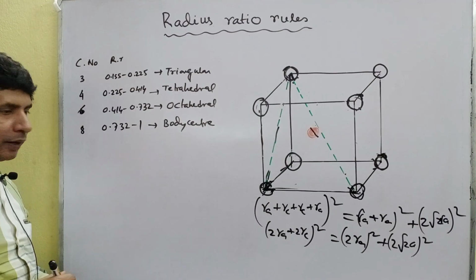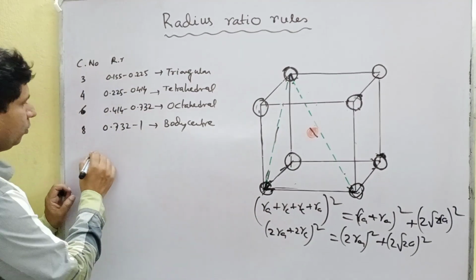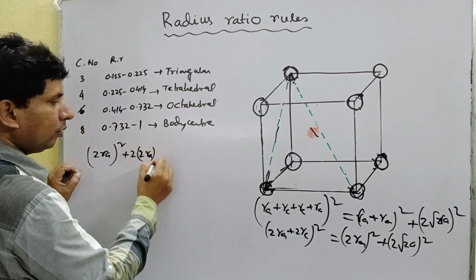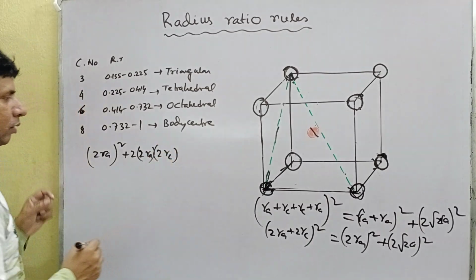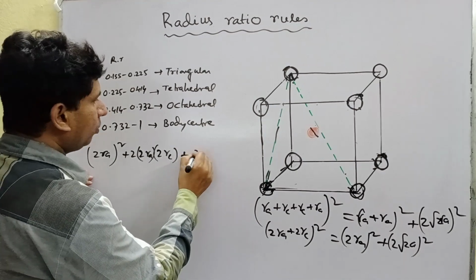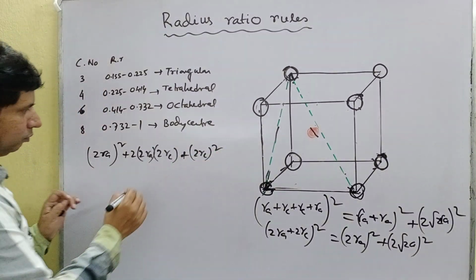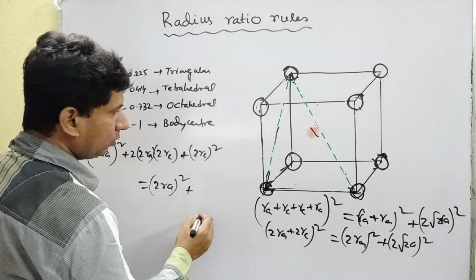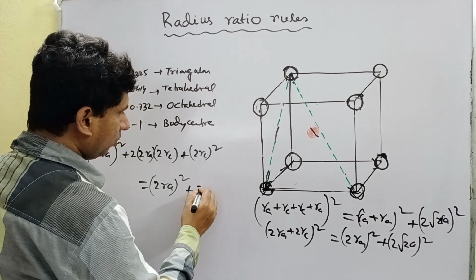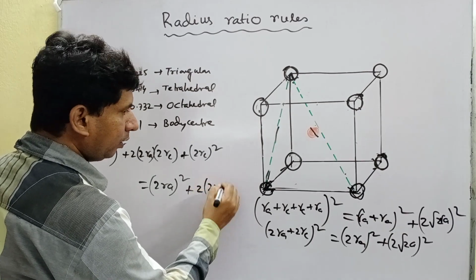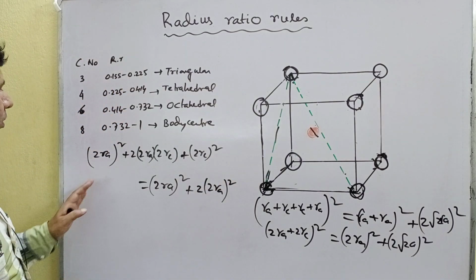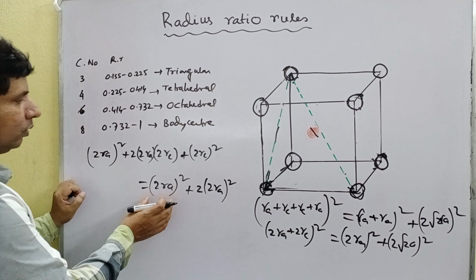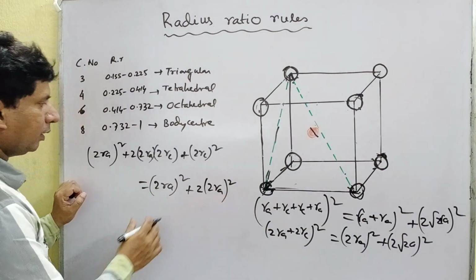Then if we expand it in square form, what do we get? 2RA squared plus 2RA into 2RC plus 2RC squared equal to 2RA squared plus 2 into 2RA squared. Then there is 2RA plus 2RA, that is 3.